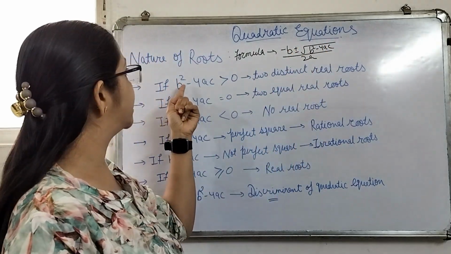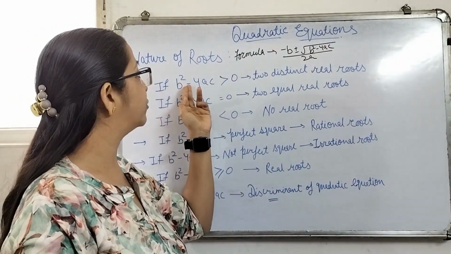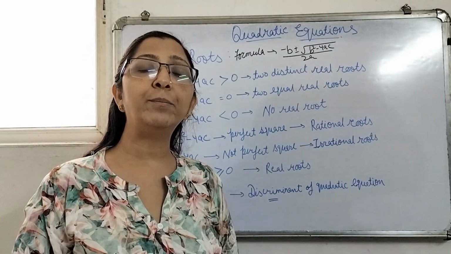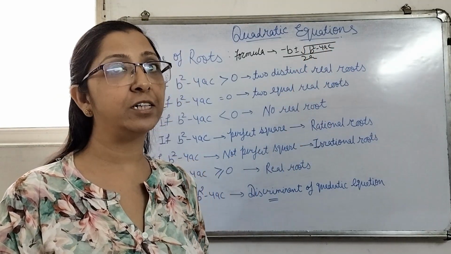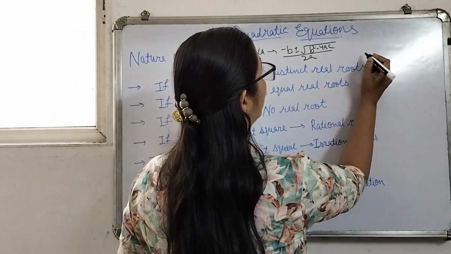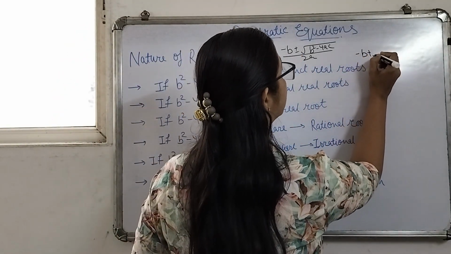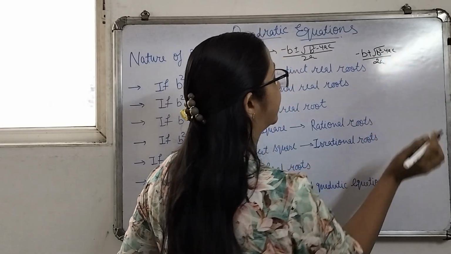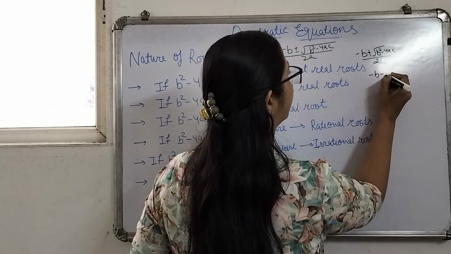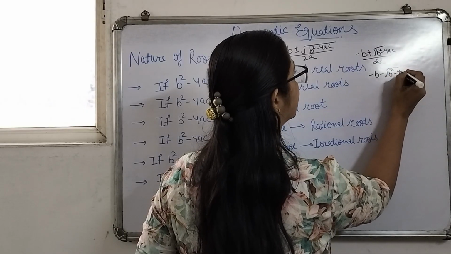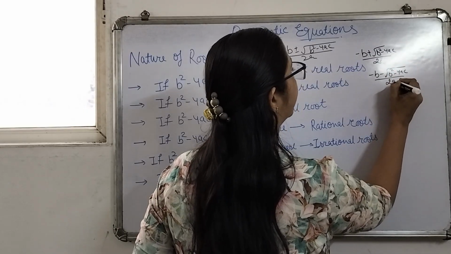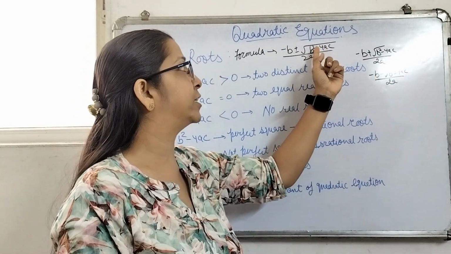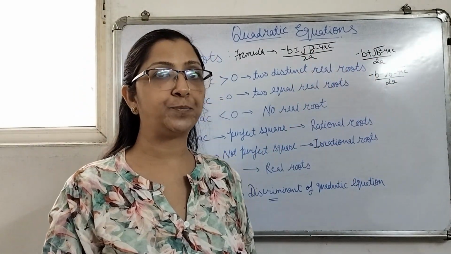Simply by solving b square minus 4ac, if its value is greater than 0, then we will have two distinct real roots. One root will be minus b plus root of b square minus 4ac upon 2a, and the other root will be minus b minus root of b square minus 4ac upon 2a. These will be the two distinct roots if the value of b square minus 4ac is greater than 0.